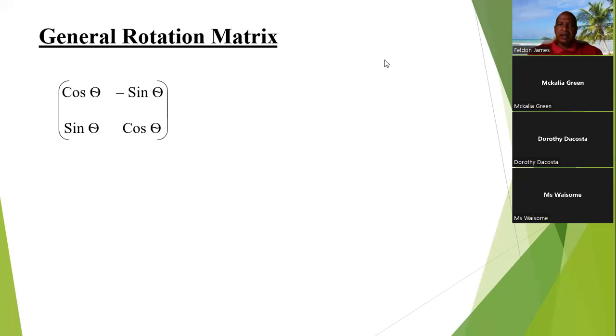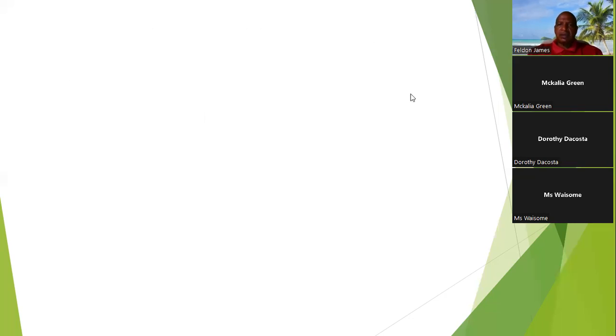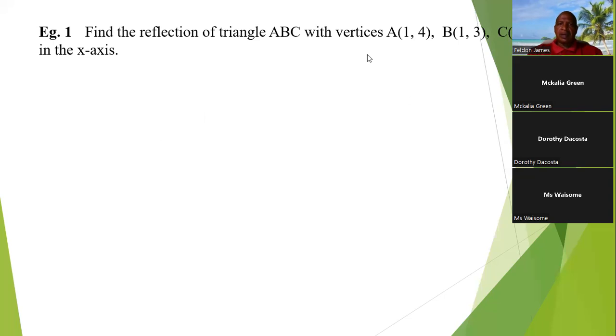So moving along. Next, what we're going to do now is to look at the exercise here. This exercise or example has to do with a reflection in the x-axis.